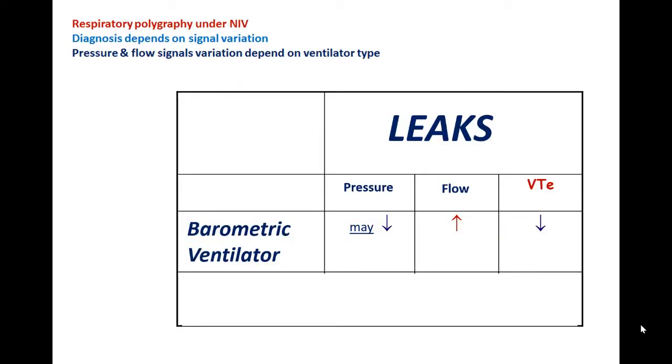As a result, in the case of non-intentional leaks, flow increases, and if the leakage is major, pressure may decrease. So this is very important, and I will show you a few examples later.